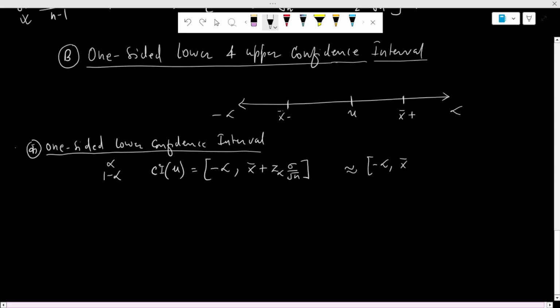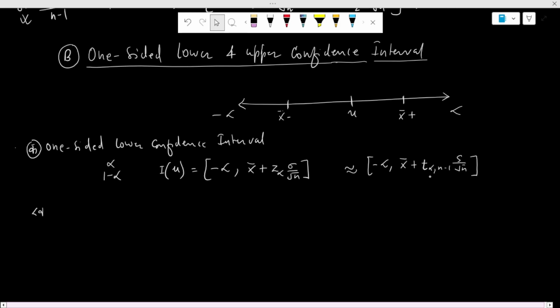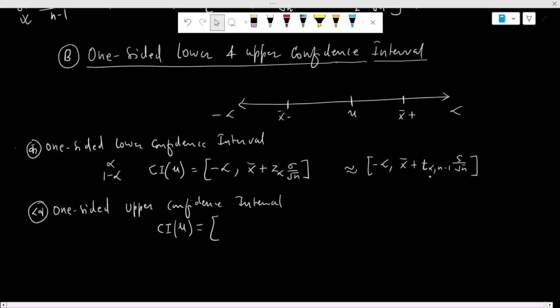Now let us consider the one-sided upper confidence interval. For the confidence interval of the population mean in the upper case, the upper bound is plus infinity, and for the lower bound we include mu in the middle. So we are left with x bar minus z alpha times sigma divided by root n.